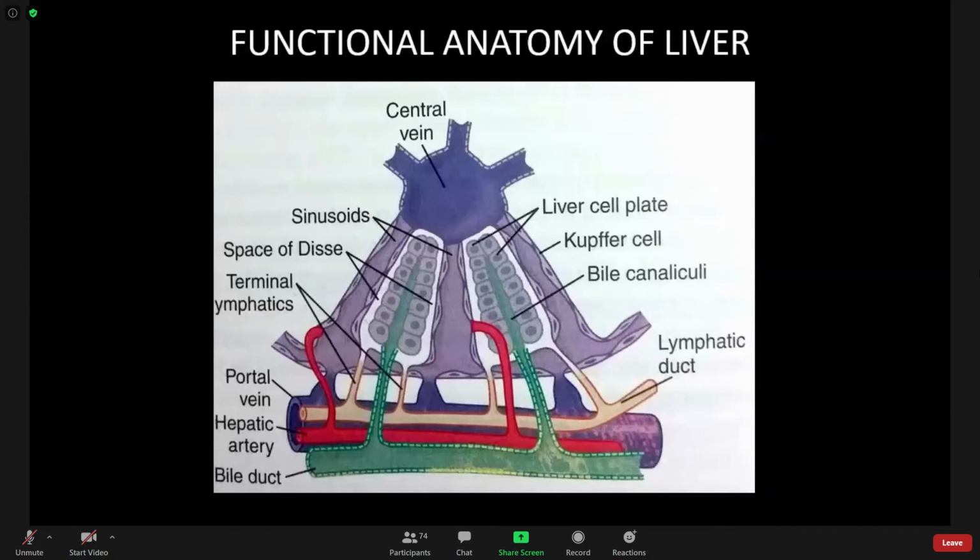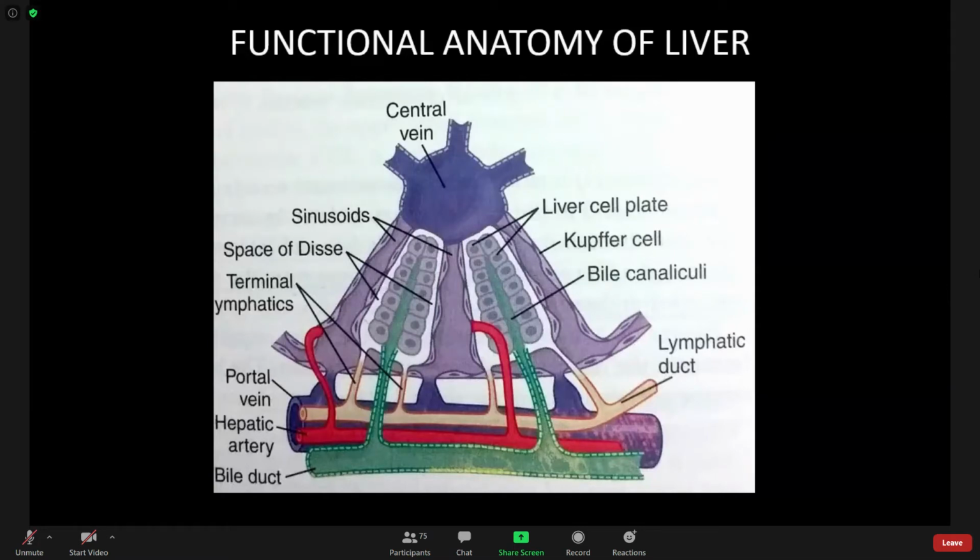You can see that this is the cross section, the cut section of the liver. If you know the functional anatomy of liver, then you can easily write down the function of liver. So let us see this diagram.